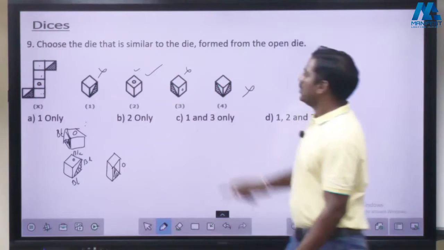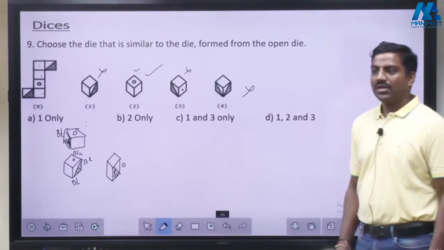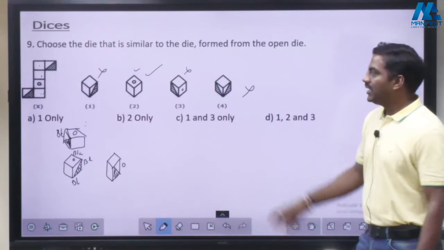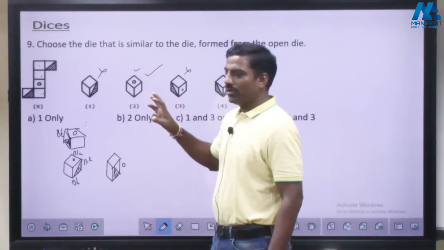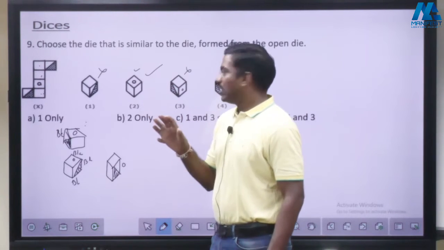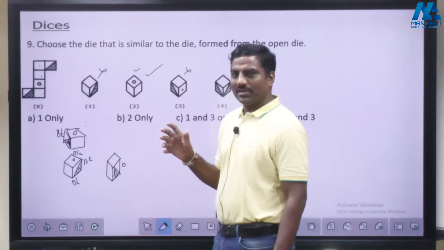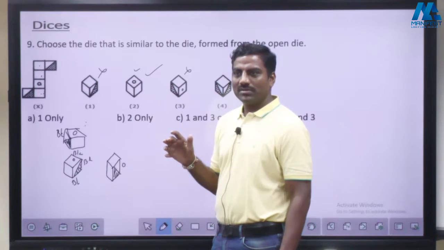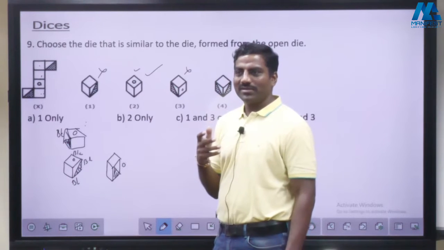So, this is the answer. Because 2, possibility is there or not for 2? Yes or no? Are you convinced or simply saying yes? Convinced, no? Sure.